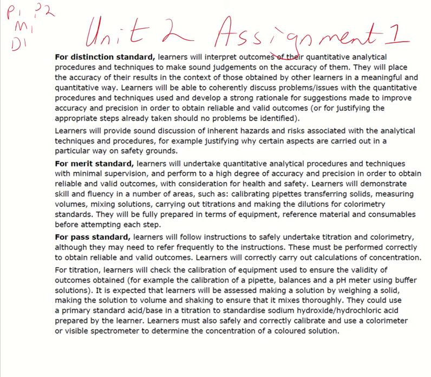So first off, for the pass criteria, learners will follow instructions, safely undertake titration and colorimetry, may need to refer frequently, so you may need to ask for a little bit of help every now and again for that, but perform correctly to obtain reliable and valid outcomes. So you should be getting somewhere close to what the teacher knows is the unknown result for them.